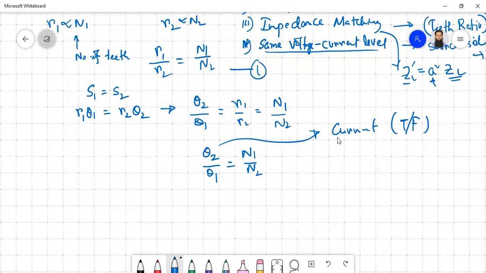Now, what is the relation between the torque and your teeth ratio? So let us look at that one. So we know in a transformer, one assumption that we always take is that input energy is equal to the output energy, same as electrical. We can also assume a similar thing in the mechanical.